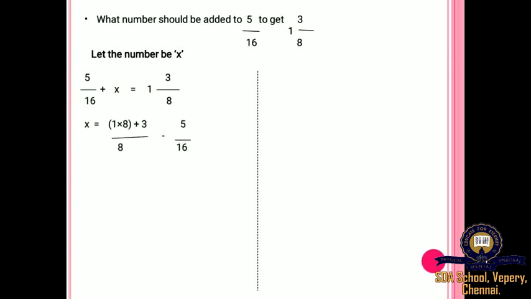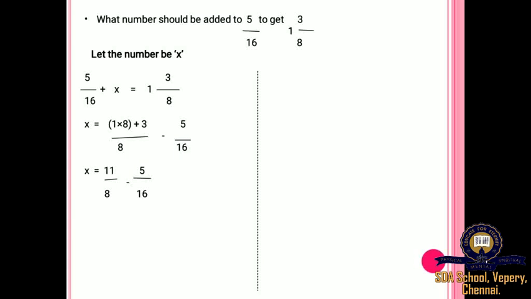So x is equal to 1 into 8 plus 3 by 8 minus 5 by 16. We are bringing 5 by 16 to the other side, so it becomes minus. So when we solve, we will get x is equal to 11 by 8 minus 5 by 16. So we are obtaining two unlike fractions.